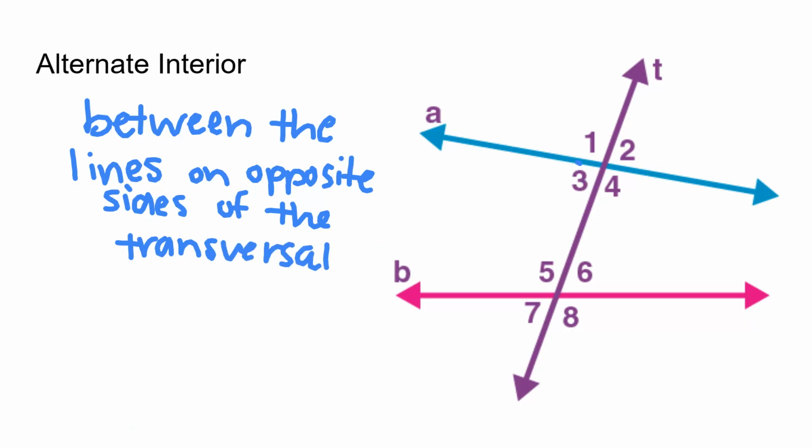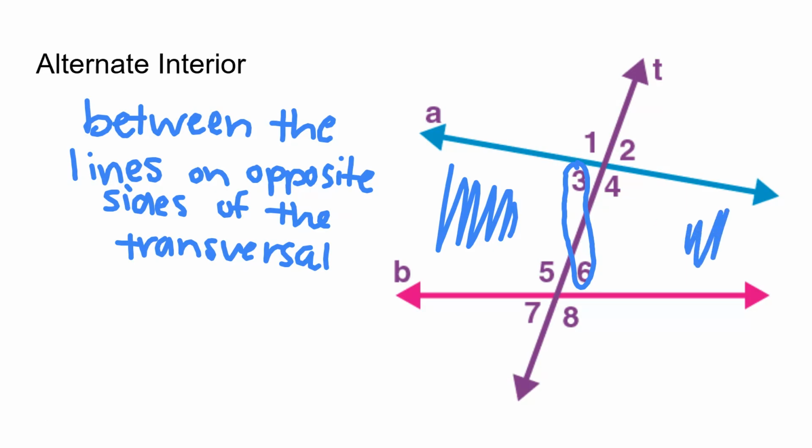That would be like 3 and 6, because they are on the inside, in the space in between the lines, and on opposite sides of the transversal. 4 and 5 is the other set of alternate interior angles.